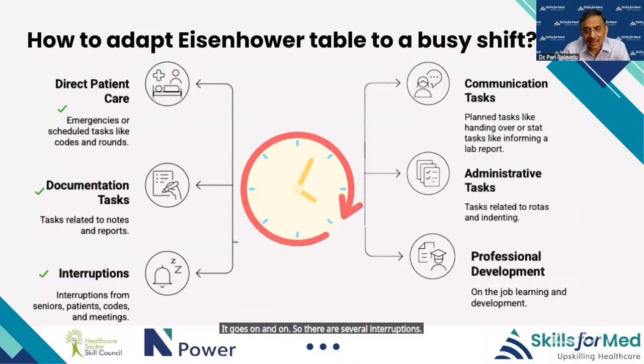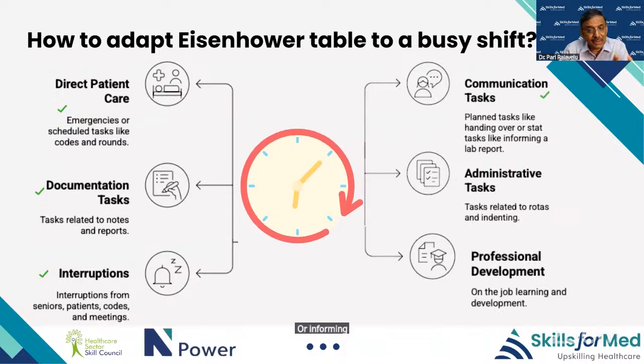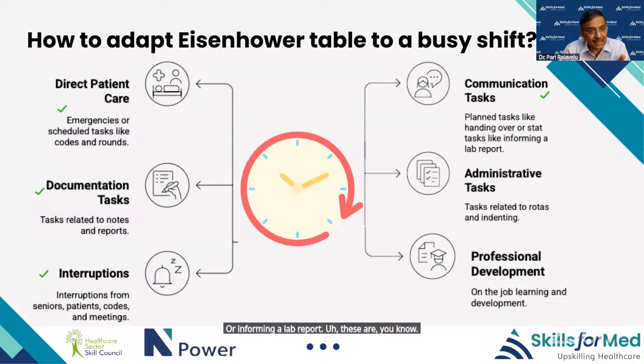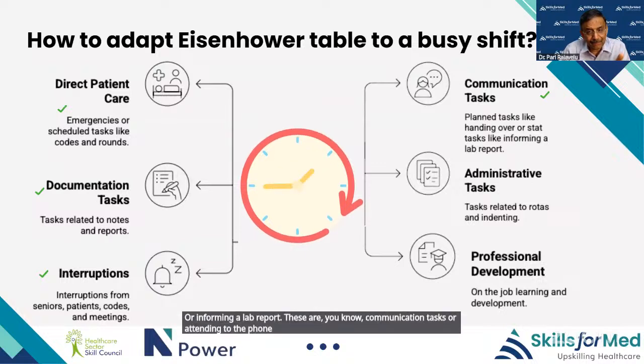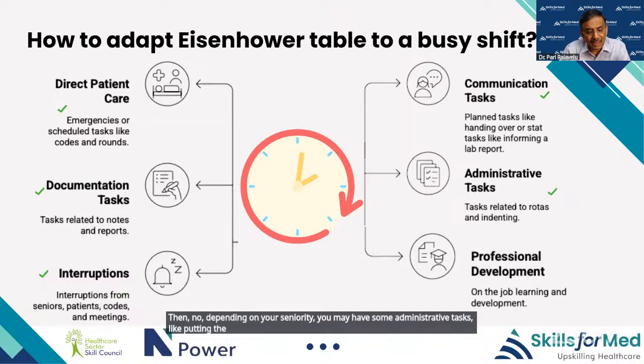And then there are communication tasks which could be planned, like handing over or informing a lab report, and unplanned ones, like attending to the phone and things like that. Then, depending on your seniority, you may have some administrative tasks like making the rota, indenting, and things like that.